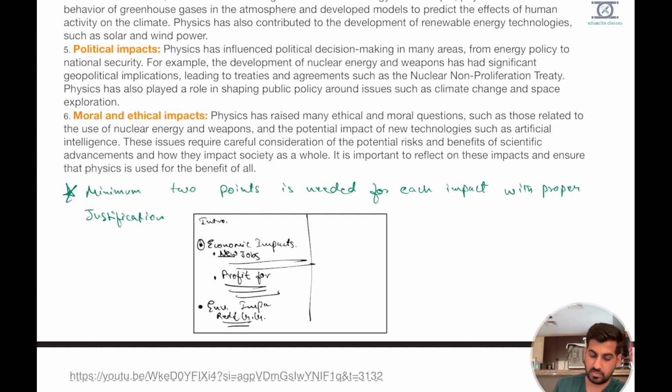Then, continuing on, another point related to environmental impact is the effect on aquatic or marine life. You can write down 2 points of justification for how it is impacting.